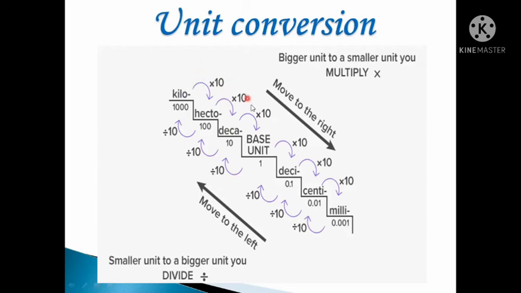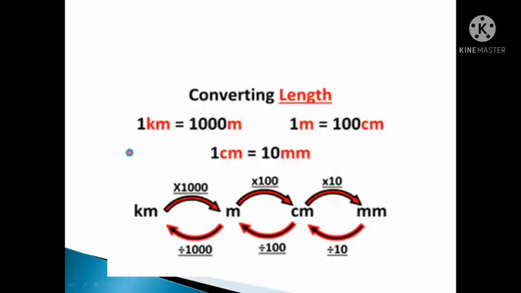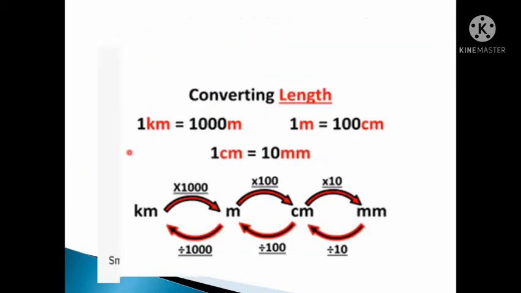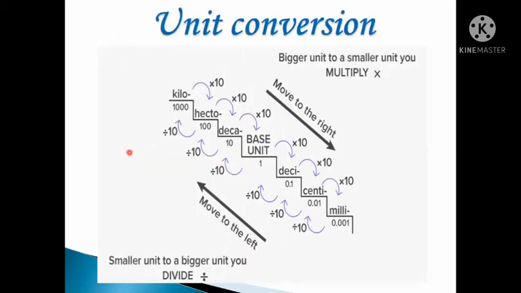And kilometer to base unit, meaning meter, kilo to base. How many tens? 10 multiplied by 10 multiplied by 10. It's 1000. So you have to multiply by 1000 to convert kilometer to meter.